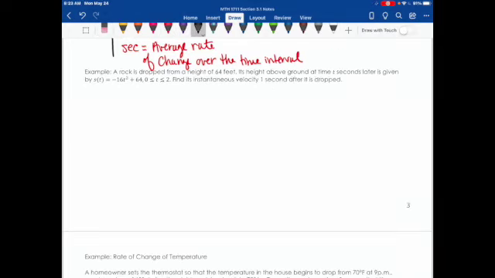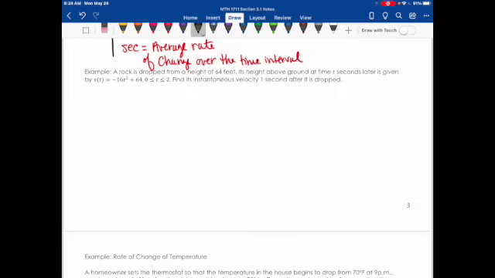All right, so let's move on to our next example. We have a rock is dropped from a height of 64 feet. Its height above the ground at time t seconds later is given by the position function negative 16t squared plus 64 on the interval from 0 to 2 seconds.